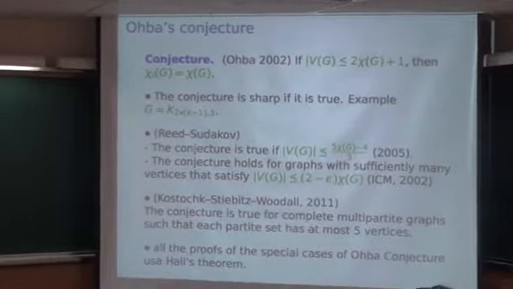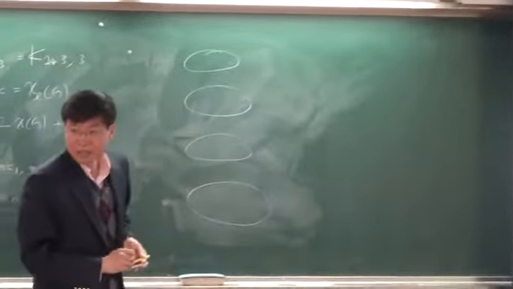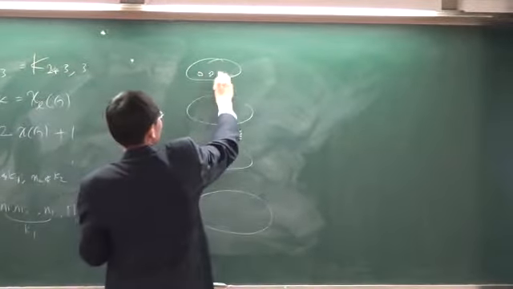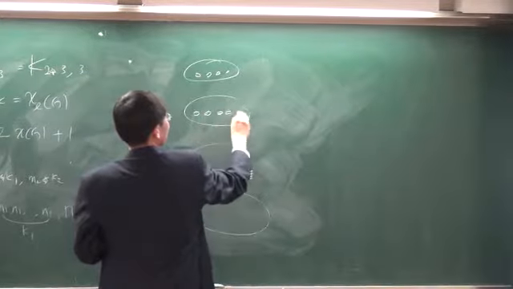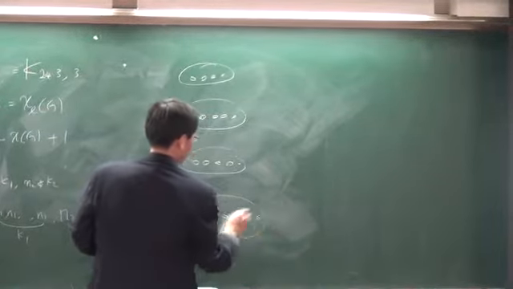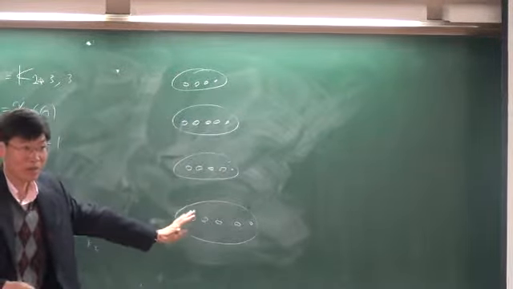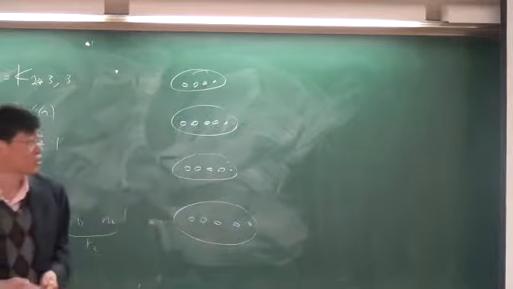It means there's a complete multipartite graph such that each subset has at most 5 vertices, then Ohba's conjecture is true.